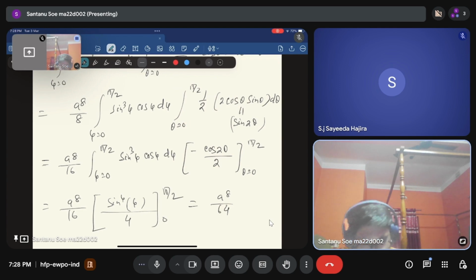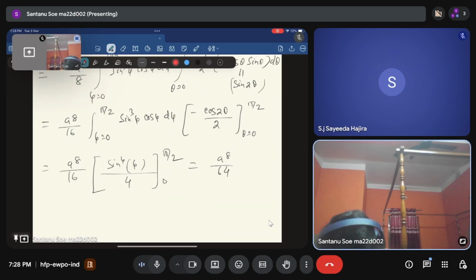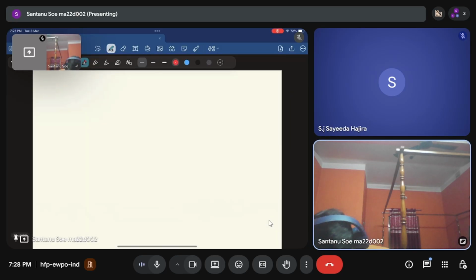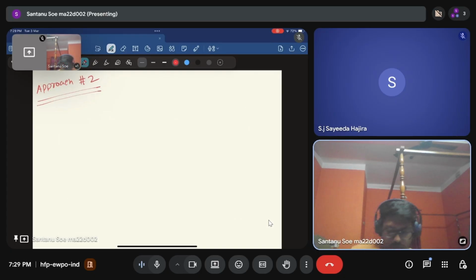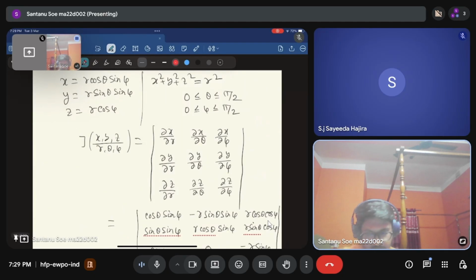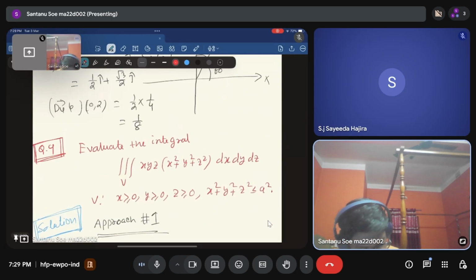This is the second approach. Okay, so I'm going to write approach number 2. So now what we're going to do is change this integration to a Dirichlet integral.